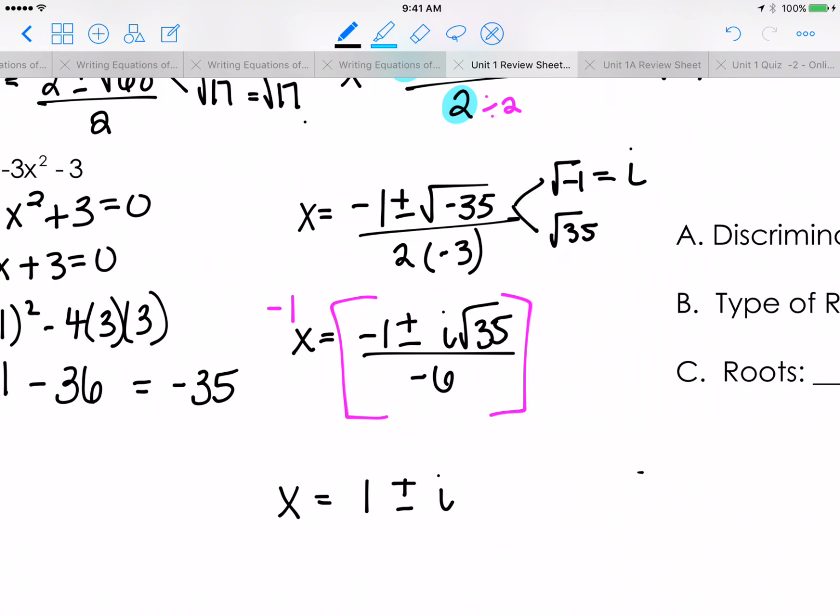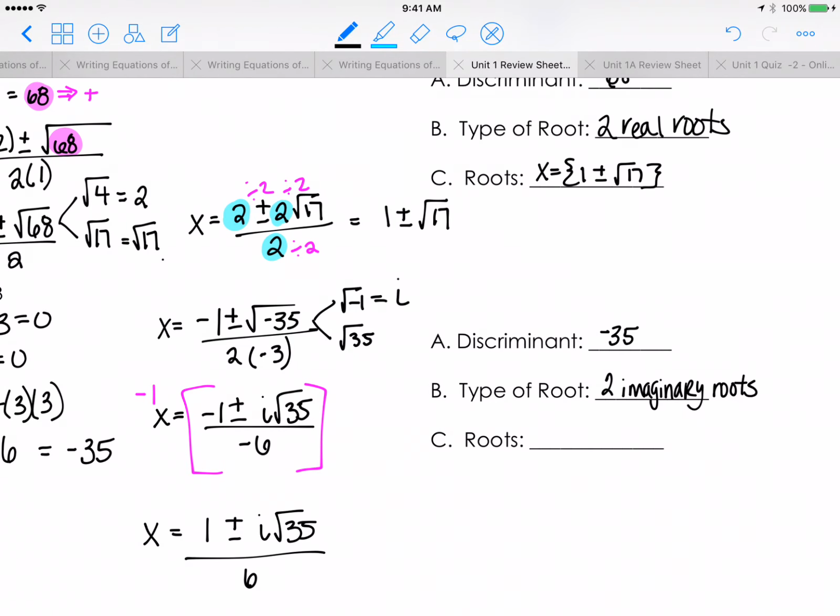It doesn't change i, because all it does is change that positive to a negative and the negative to a positive. So we don't even need to change the i. Square root of 35 all over positive 6. So those are your roots for this problem: x equals 1 plus or minus i square root of 35 all over 6.